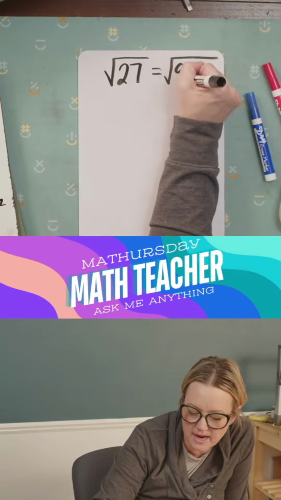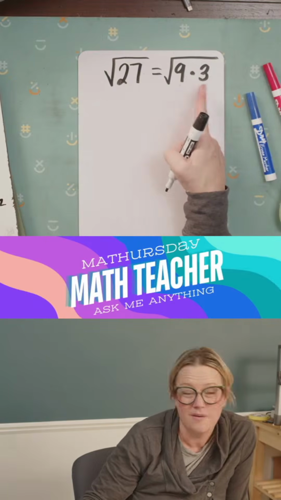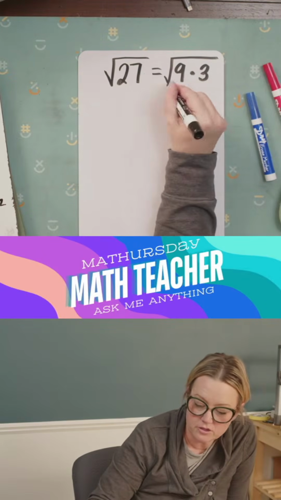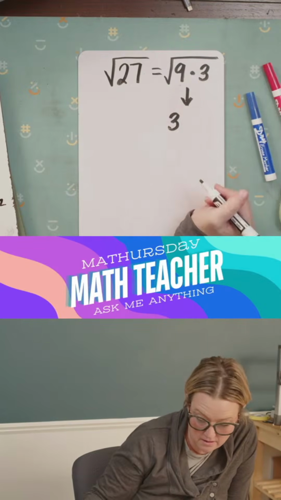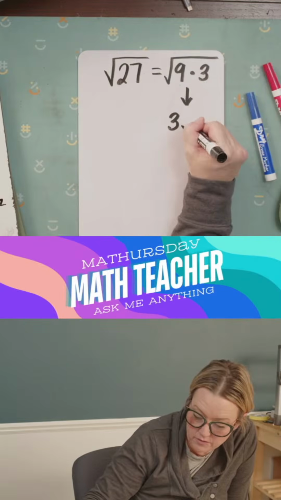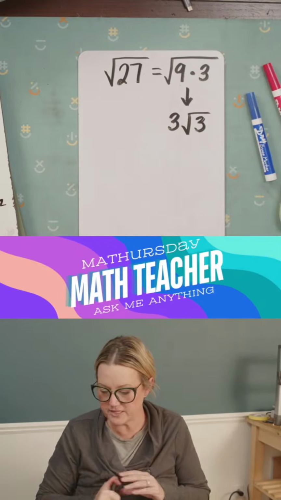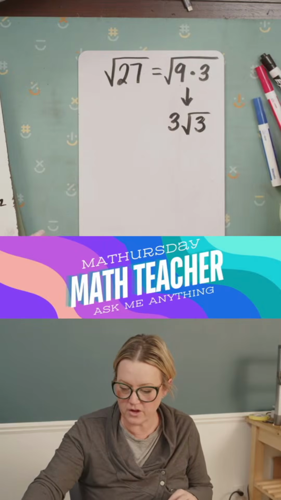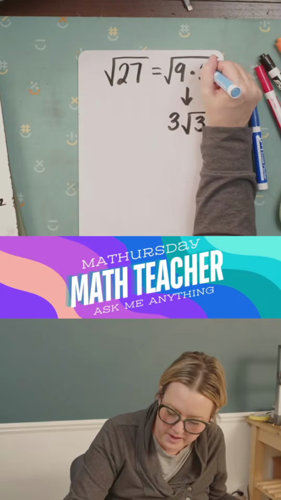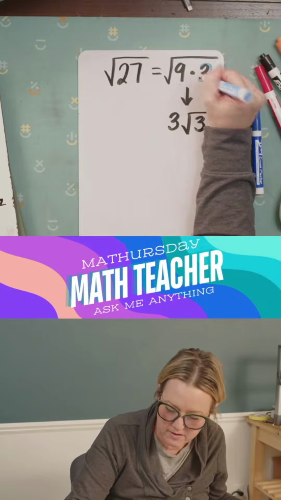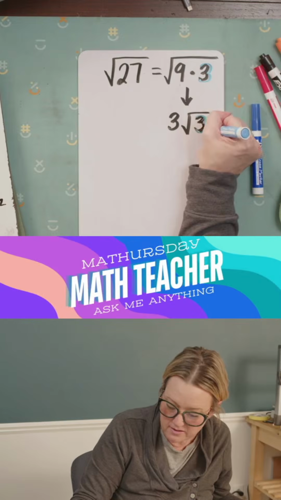27 is 9 times 3. I can take the square root of 9, but I can't take the square root of 3. So the square root of 9 is 3, and then the square root of 3 just stays as the square root of 3. I know there's a lot of 3's going on right there, but this 3 here is this 3 here.